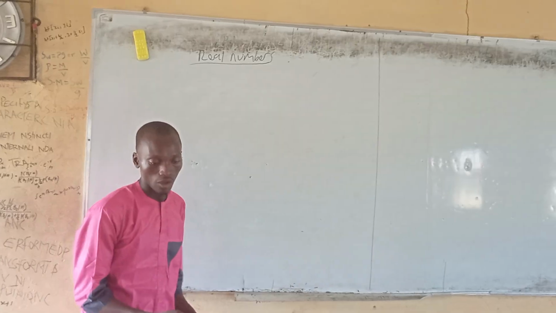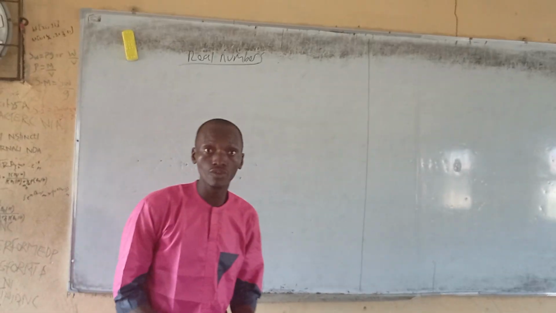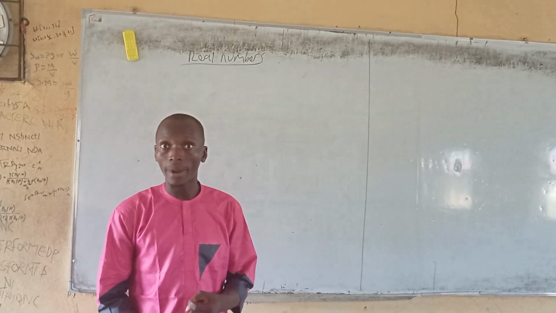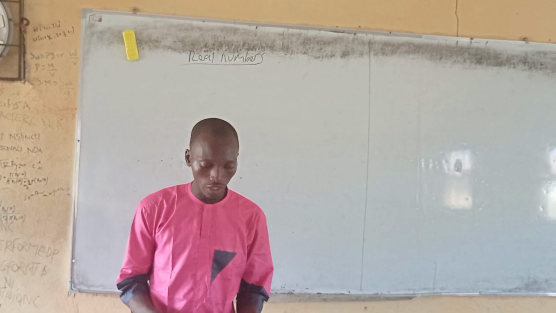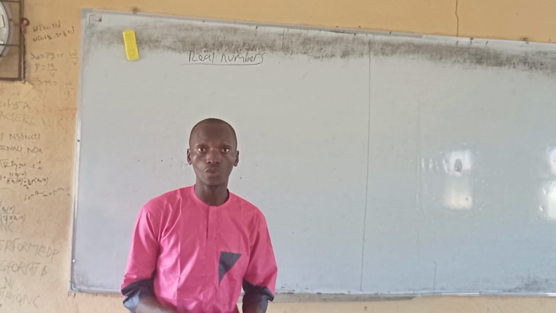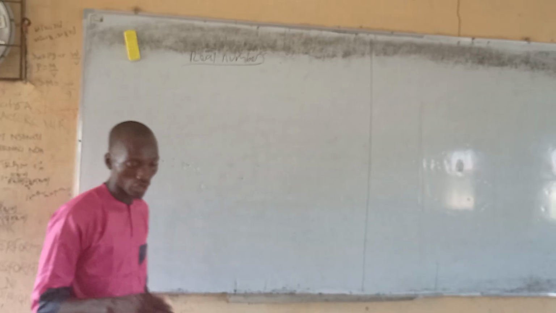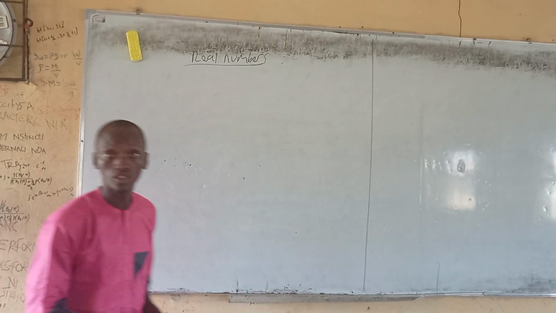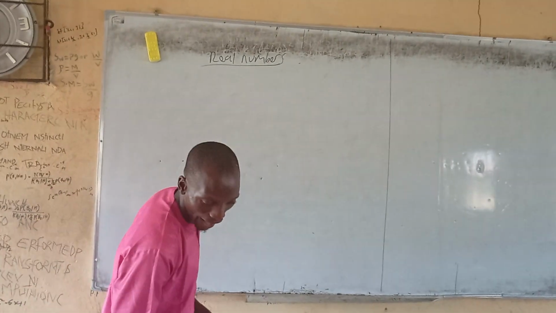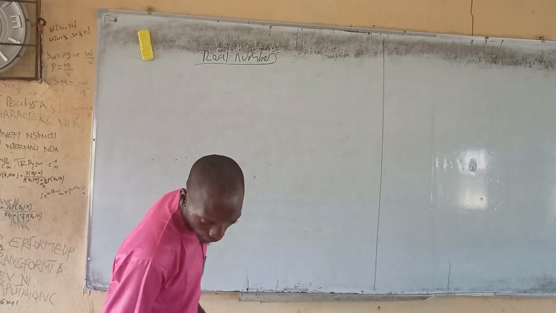Under real numbers, we have the natural numbers. What are these natural numbers? The natural numbers are denoted as N.